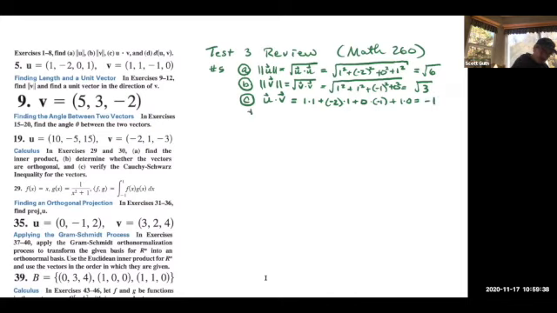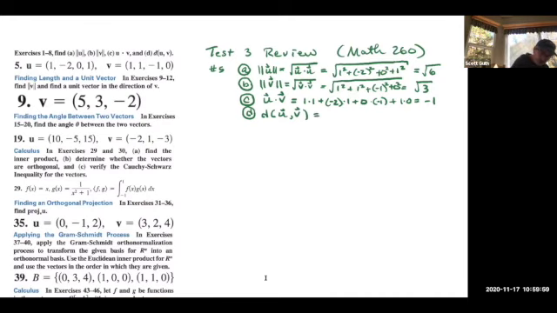And then D. Here we have to do the distance from U to V. You think of that as the distance from the tip of U to the tip of V. It's basically the two positions.